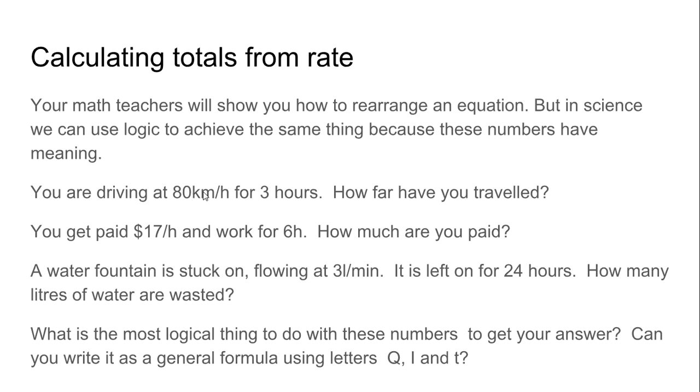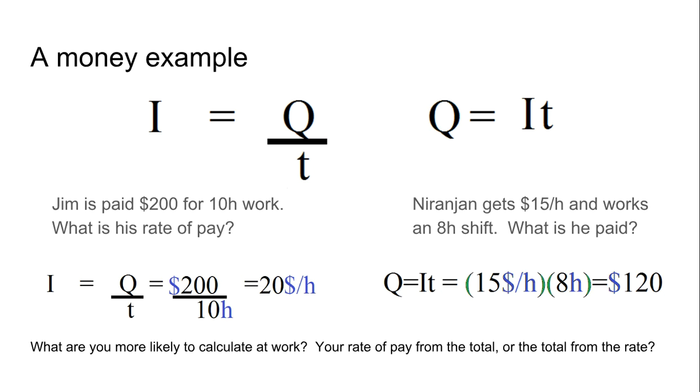If you know what you did with these actual examples, replace that with the letters Q, I, and T. And change it to letters, and you now have a formula. So I think what you realized was Q is equal to I times T. So flow is quantity over time, but quantity is flow rate times time.